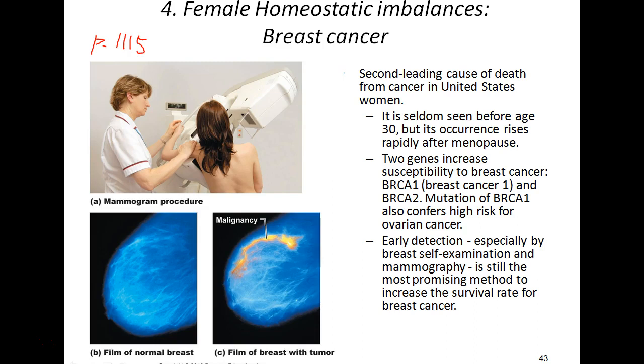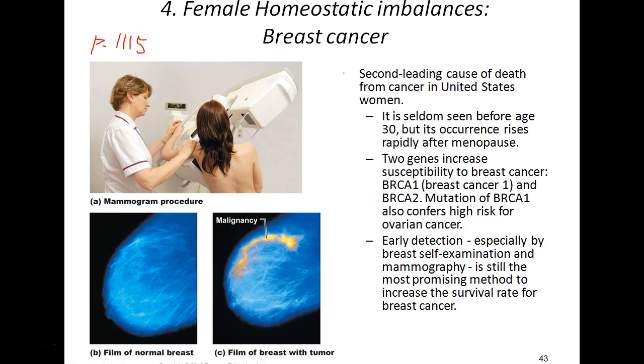Some risk factors for breast cancer include a longer reproductive span, obesity, and a later age at first pregnancy. There's also the influence of estrogen. Some studies suggest that increased exposure to estrogen over a long period of time can result in breast cancer.